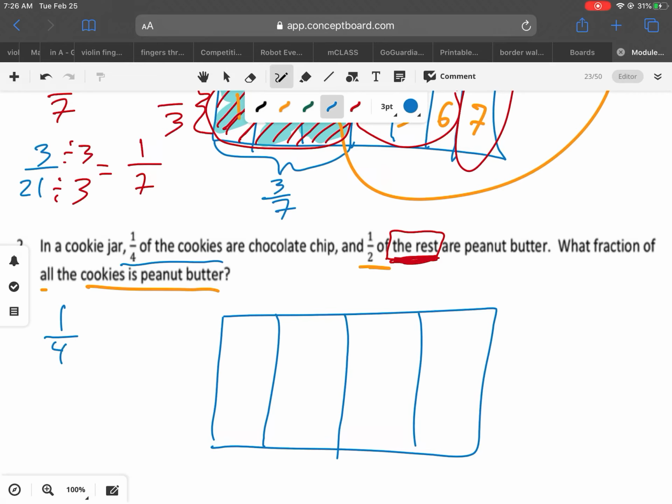And we're going to cut it into fourths. How do I know fourths? Well, because we have 1/4 of the cookie jar. Alright. Okay, so that's 1/4 is right here.